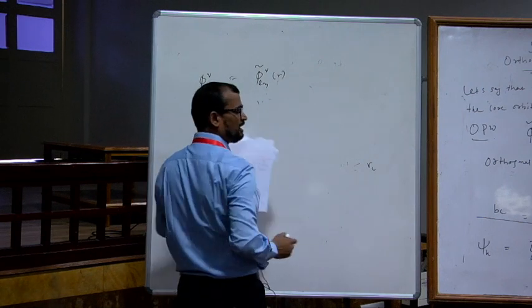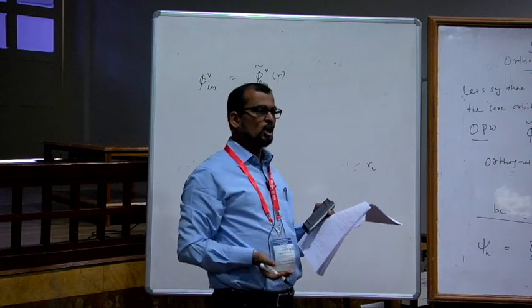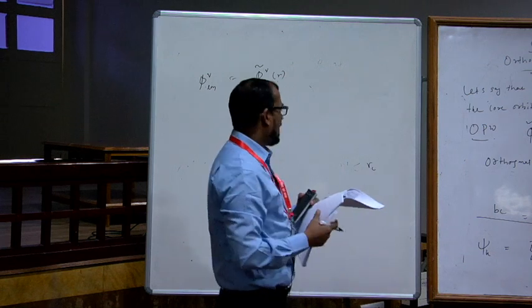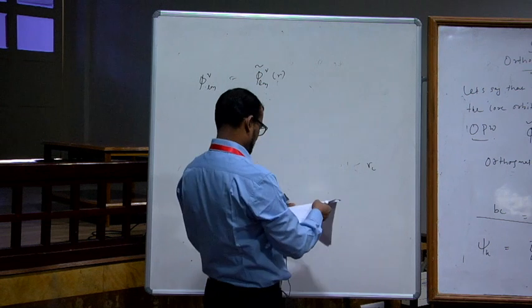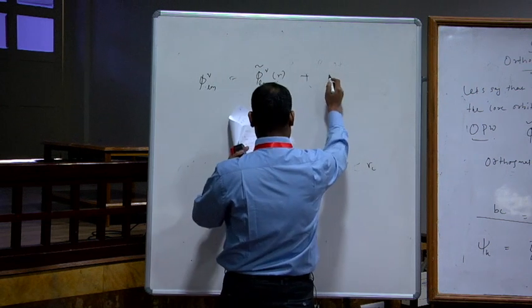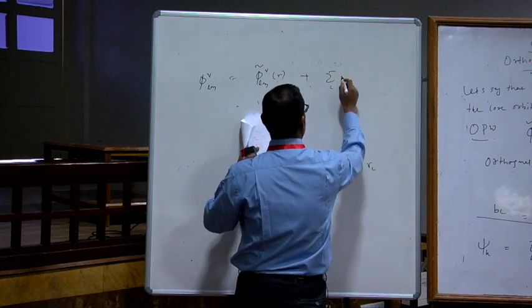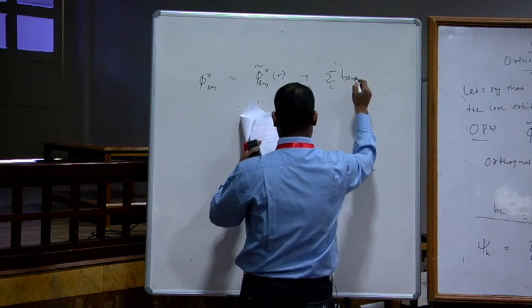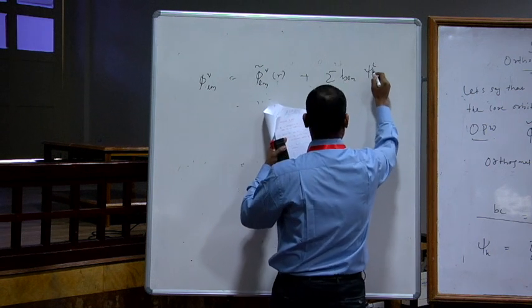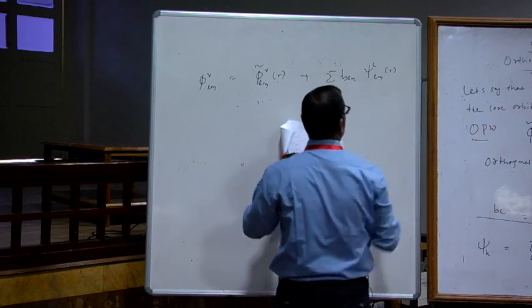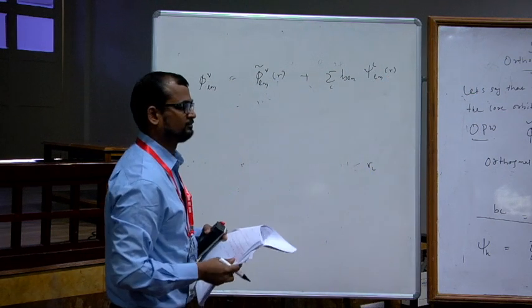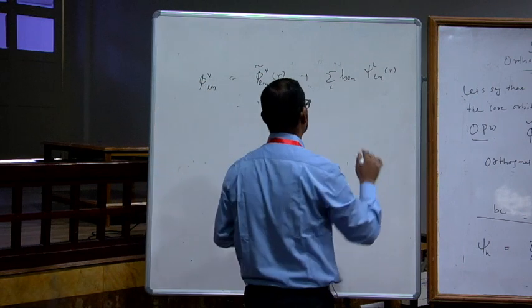Now I will collect all the core states associated with the same angular momentum L and M. Therefore, I will write it as a summation over T d L M psi C L M. Okay, all the core states.